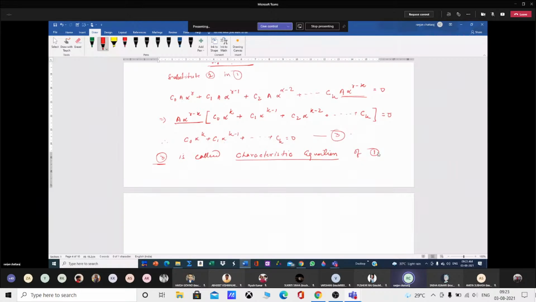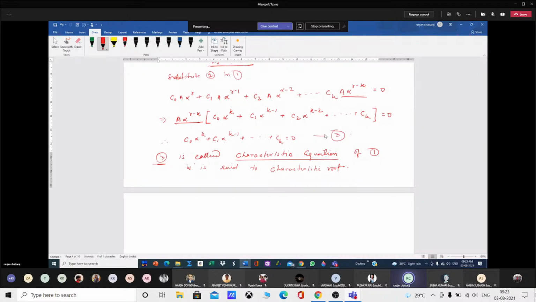And one thing remains, this alpha is said to be a characteristic root, and this is the characteristic equation.